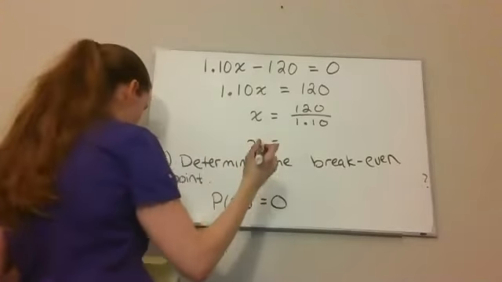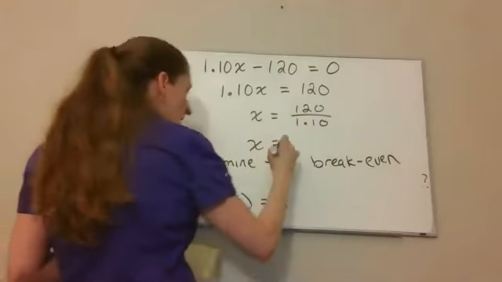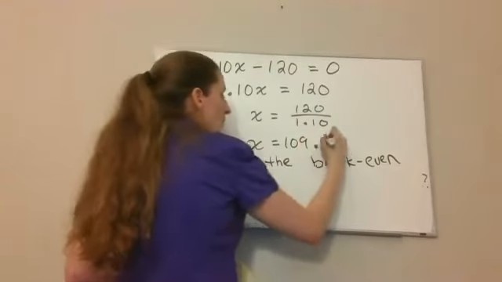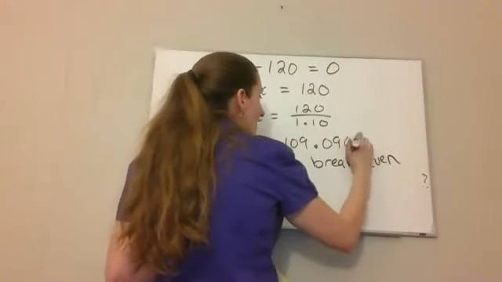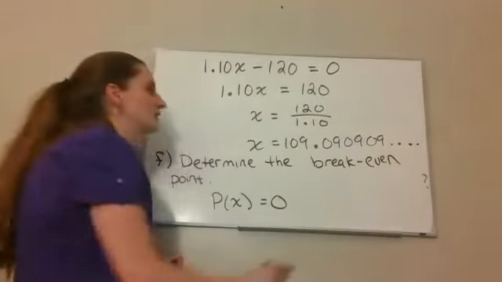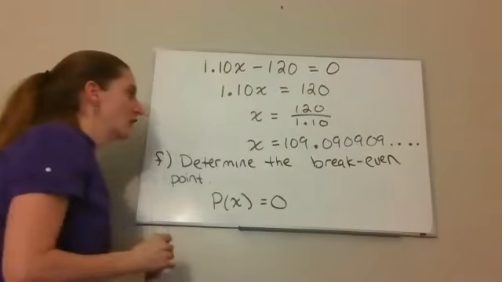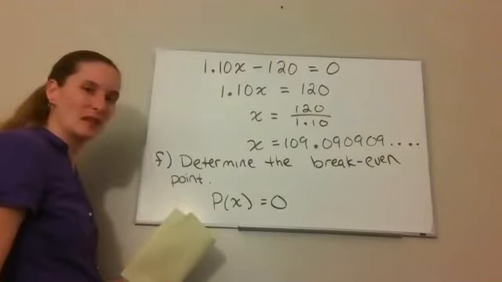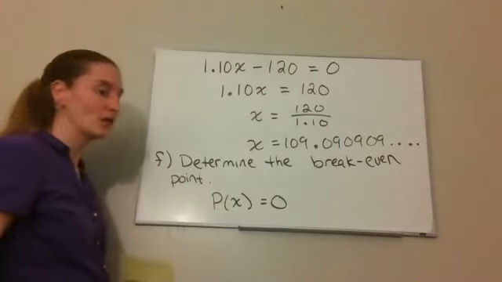And when you calculate that, you're going to get 109.090909. It keeps going on forever like that. So this is approximately 109 cups of lemonade.